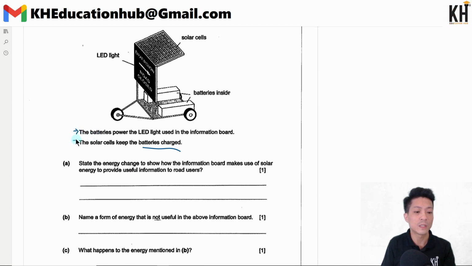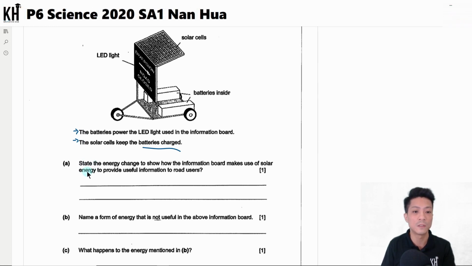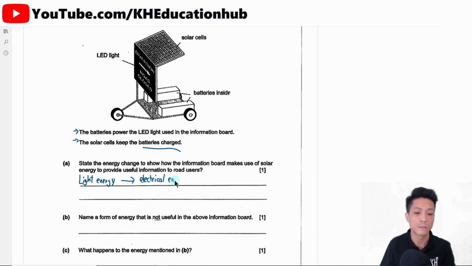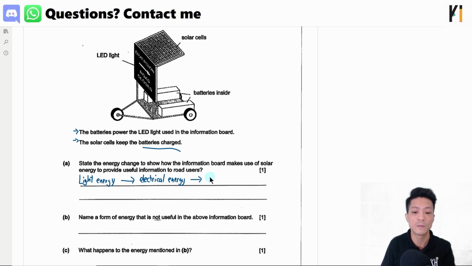These 2 points over here are very important because the source of energy for this information board will be light energy. The light energy will be converted into electrical energy by the solar cells. And then the electrical energy will go into the batteries and be converted into chemical potential energy.